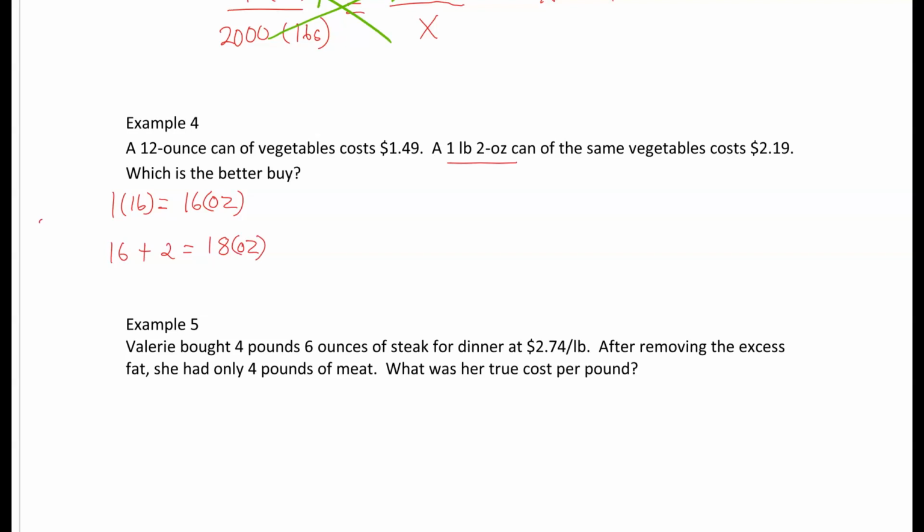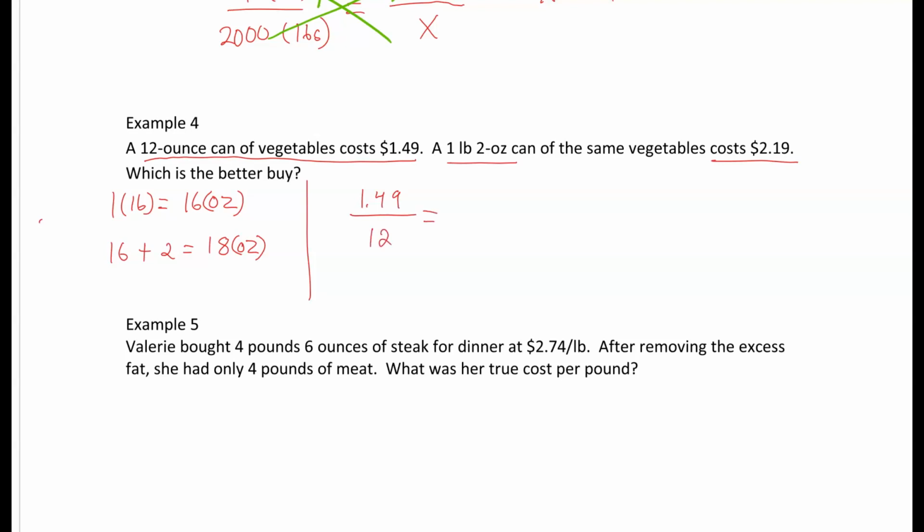So we have here 12 ounces for $1.49, and this one's going to be 18 ounces for $2.19. Now, in order to figure out our unit price, we're going to take the cost, which for the first one is $1.49, and divide it by the amount that we have, so divide it by 12.